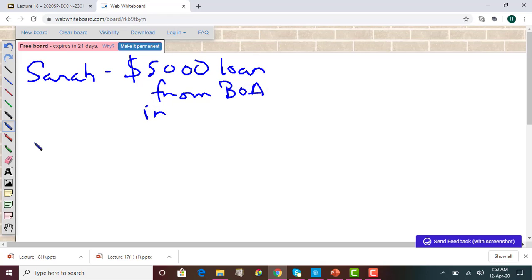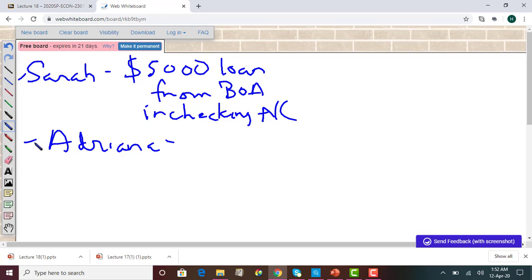In checking account. That's the first statement. Then let's say Adriana has $50. Let me fix this. It looks like 80, sorry. But let's say she has $50 worth of traveler's checks.